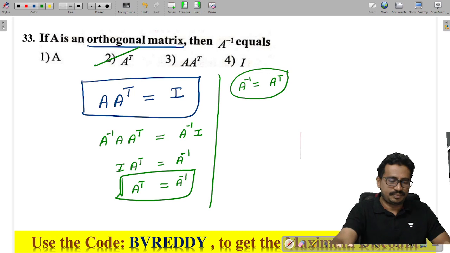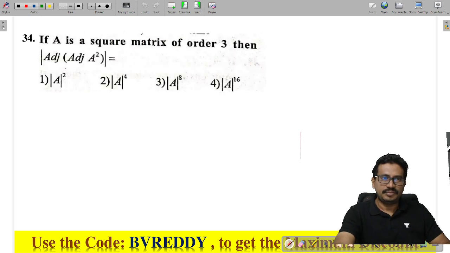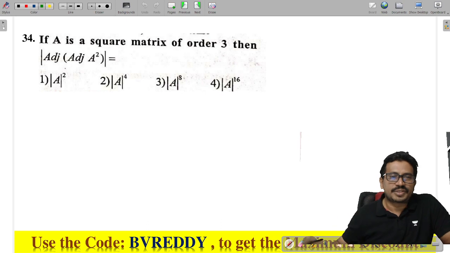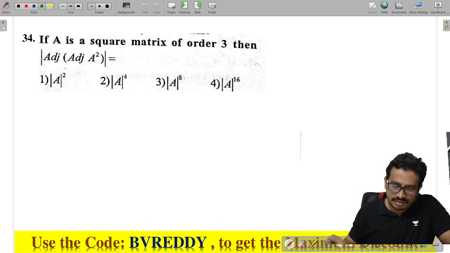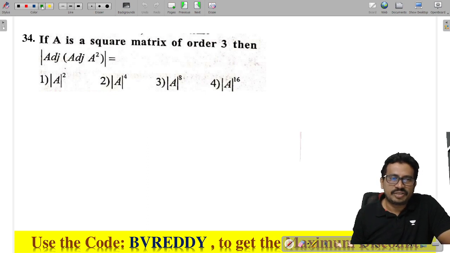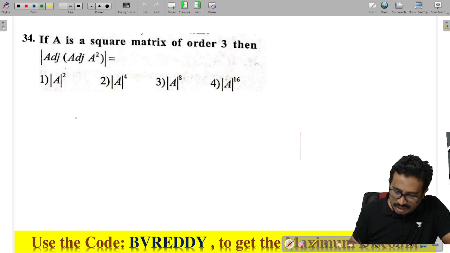Fine. Next one. If A is a square matrix of order 3, they are asking the adjoint of adjoint of A square. Here we have the relation: adjoint of A power m is adjoint of A whole power m.